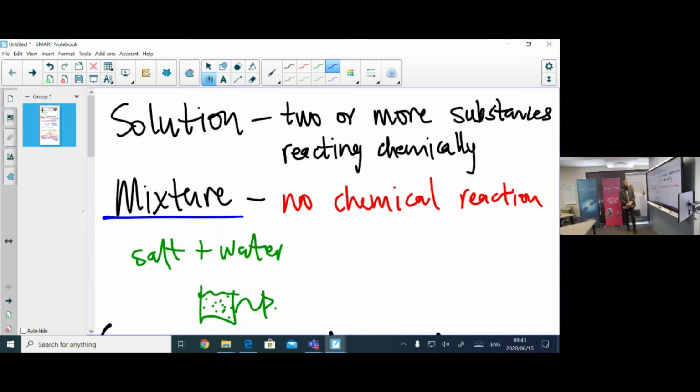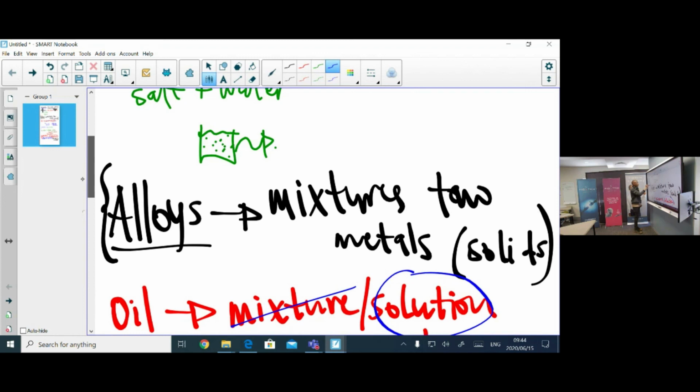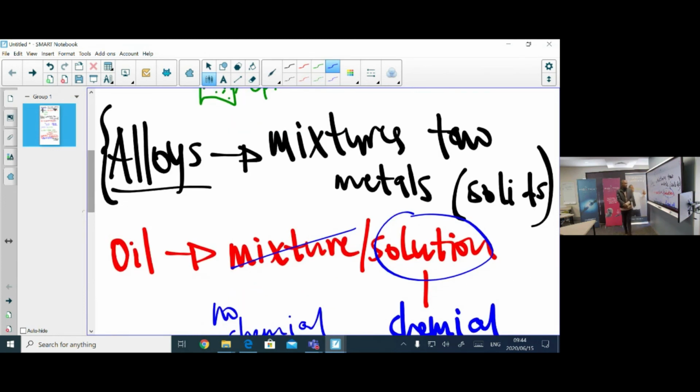We have learned that when two or more substances react and they react chemically, we call that a solution. We know the different types of mixtures that we have.